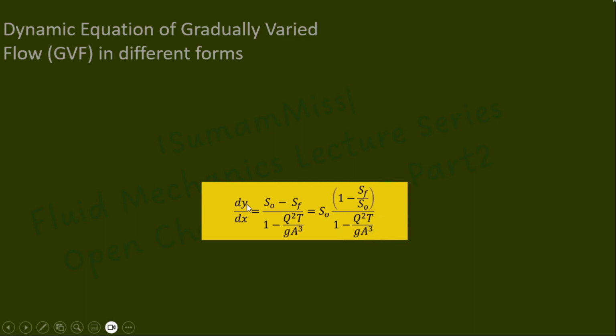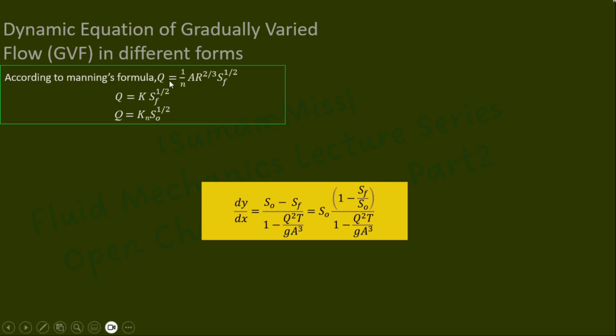Now we are going to express this equation in terms of conveyance and section factor, for which we have to use Manning's or Chezy's discharge equation for uniform flow. According to Manning's formula, Q = (1/n) A R^(2/3) SF^(1/2). Here n is Manning's roughness, A is the cross section of the channel, R is the hydraulic radius, and SF is the slope of the energy line.